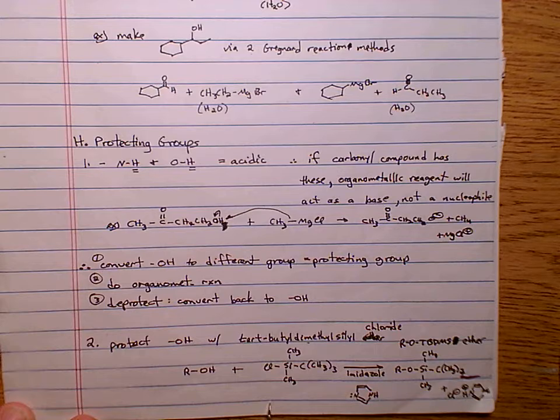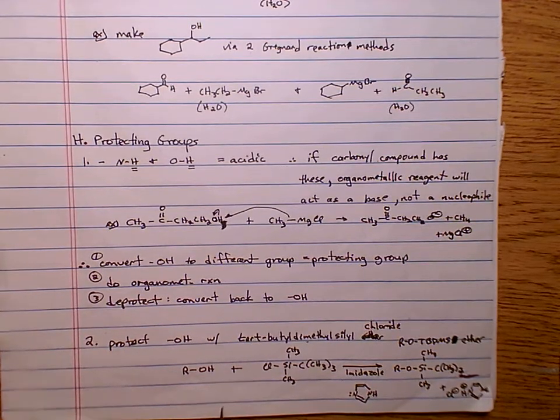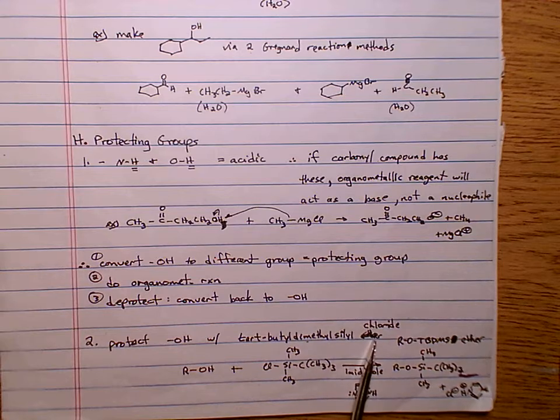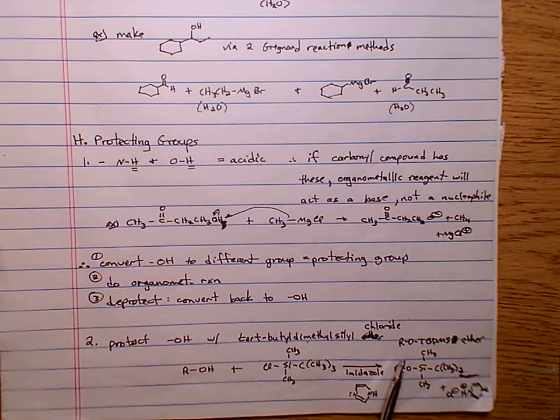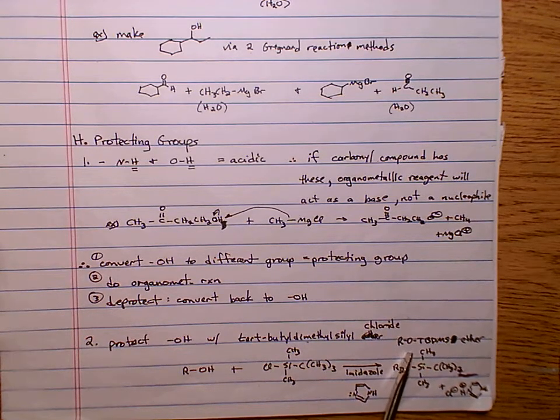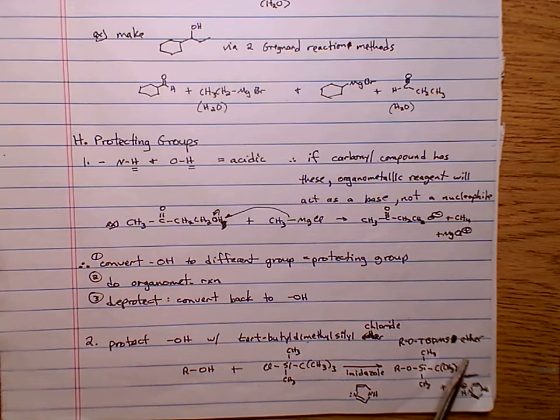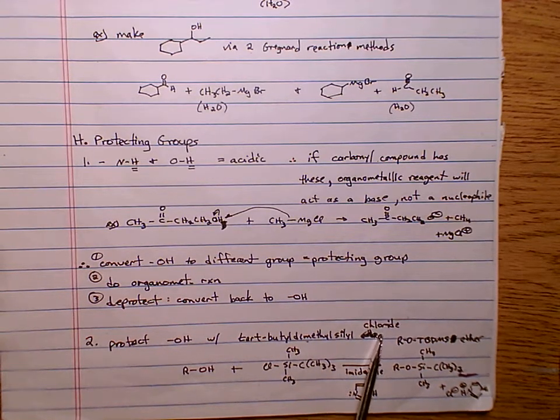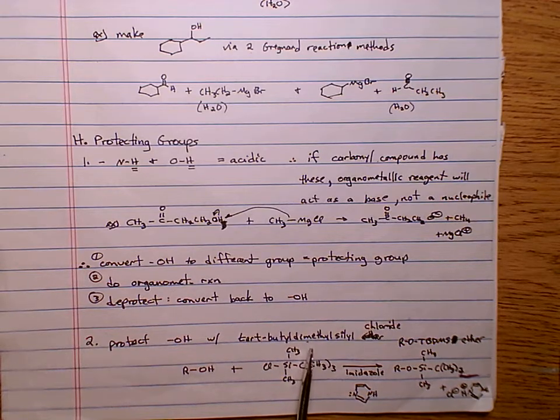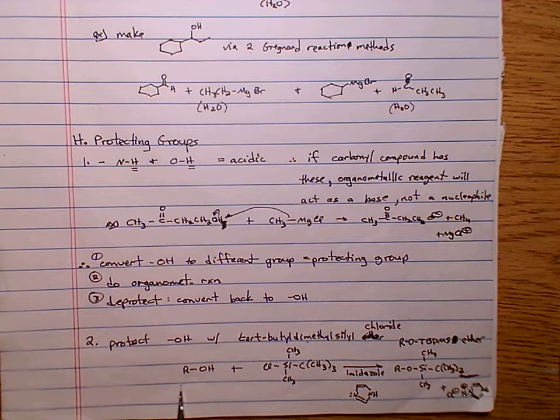There are multiple ways we're going to be looking at, and the first one is with tert-butyldimethylsilyl, ROTBDMS, in ether. We're going to use this tert-butyldimethylsilyl chloride, TBDMSCl, and that will change our ROH, our alcohol.